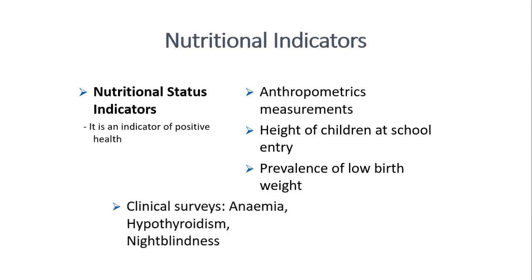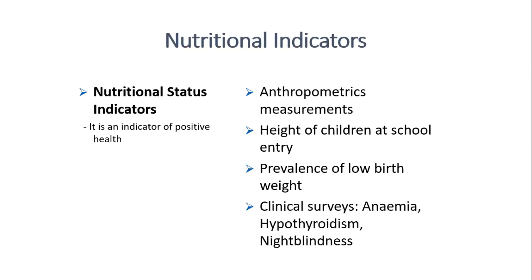Now, prevalence of low birth weight babies: those children who are born with less than 2.5 kg birth weight are low birth weight babies. So we have to see how many cases in a month there are where the birth weight of a neonate is less than 2.5 kg.